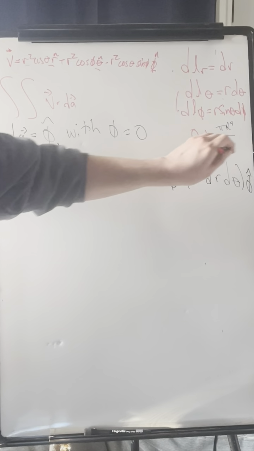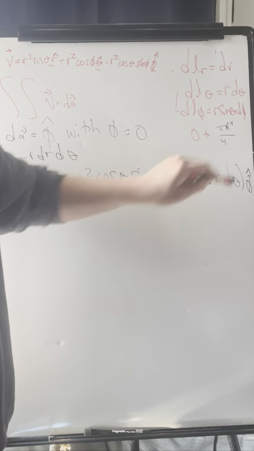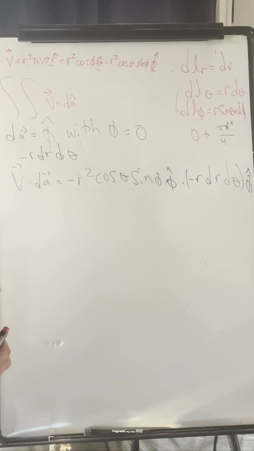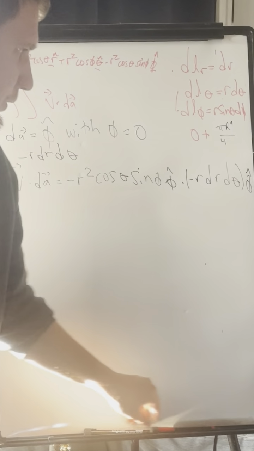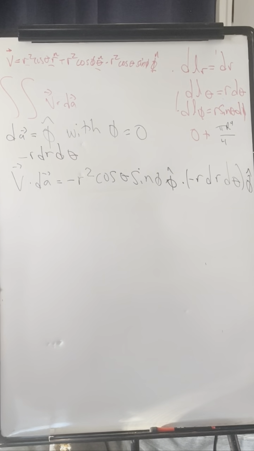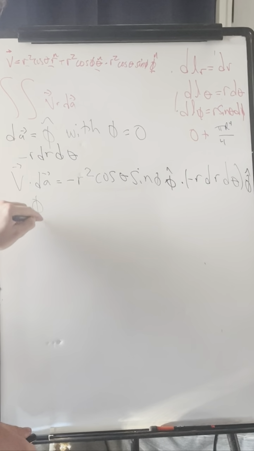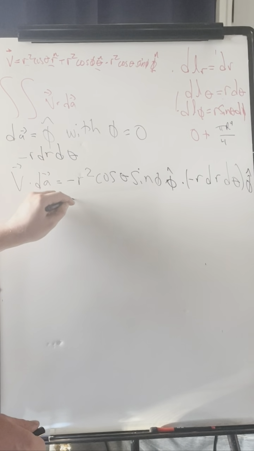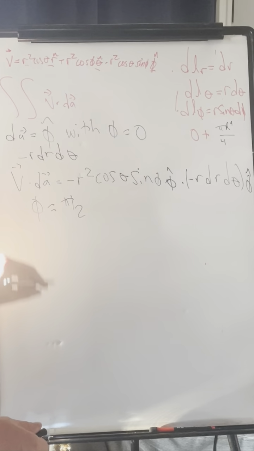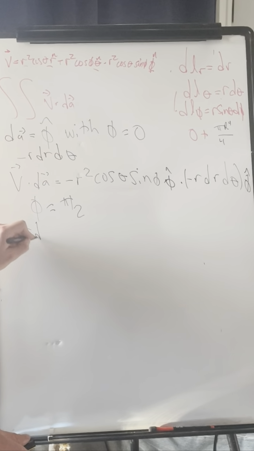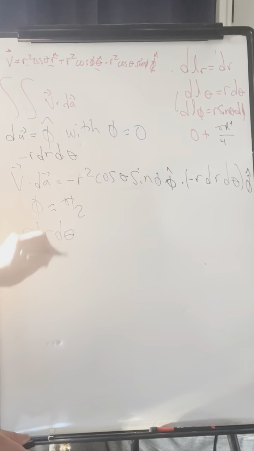I've kept tally of our integrals right here: 0 plus the first surface, pi r to the 4th over 4. So this one is a 0. And then when we do the other side, now phi is going to be equal to pi over 2, and now it's r dr d theta.